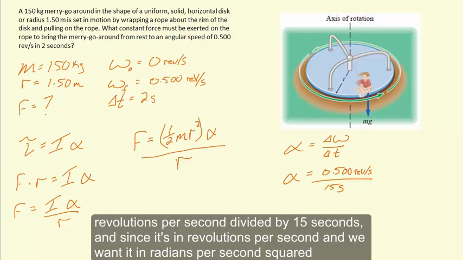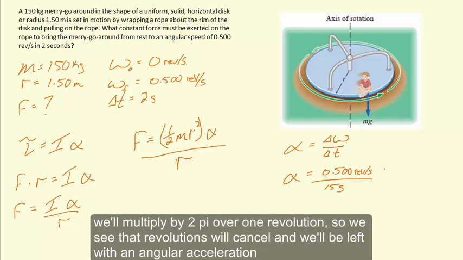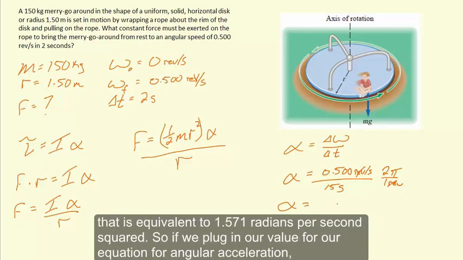And since it's in revolutions per second and we want it in radians per second squared, we'll multiply it by 2 pi over 1 revolution. So we see that revolutions will cancel, and we'll be left with an angular acceleration equivalent to 1.571 radians per second squared.